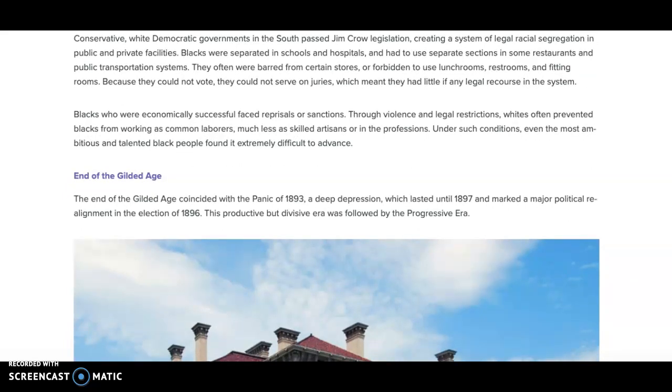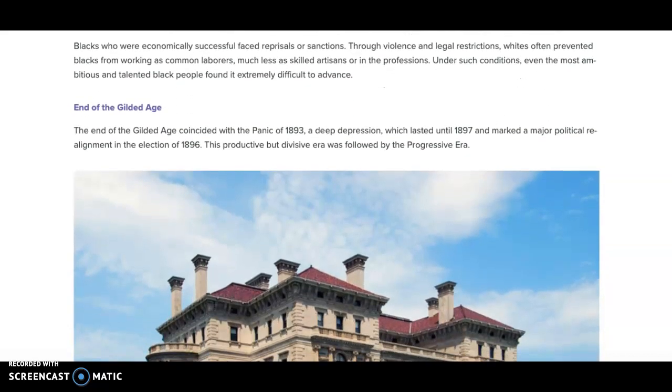Conservative white Democratic governments in the South passed Jim Crow legislation, creating a system of legal racial segregation in public and private facilities. Blacks were separated in schools and hospitals and had to use separate sections in some restaurants and public transportation systems. They often were barred from certain stores or forbidden to use lunchrooms, restrooms, and fitting rooms. Because they could not vote, they could not serve on juries, which meant they had little, if any, legal recourse in the system.